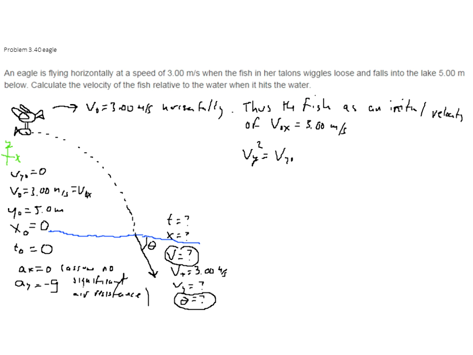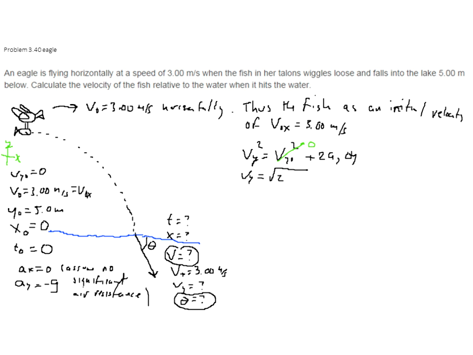So Vy squared is Vy initial squared plus 2Ay delta y. That's equal to 0. So we can just plug in.